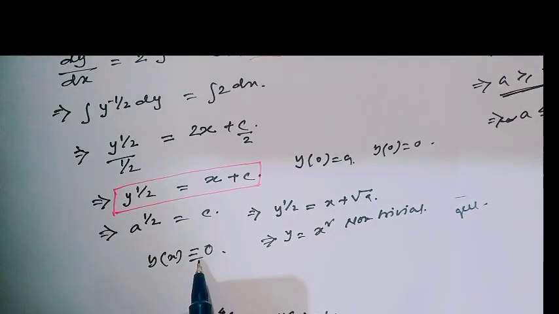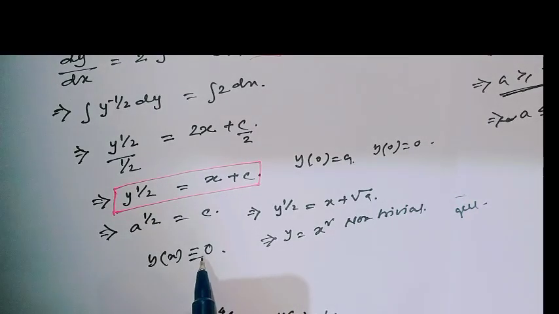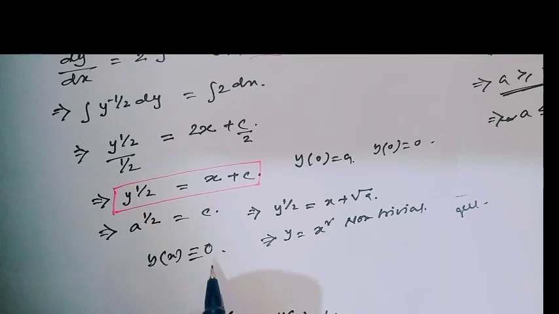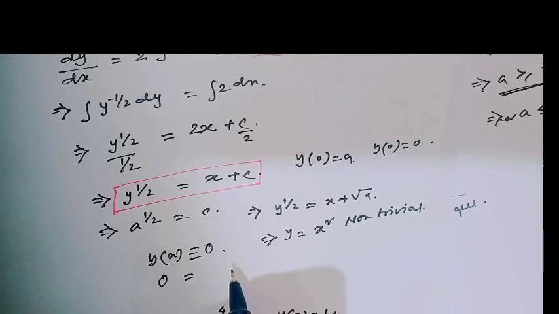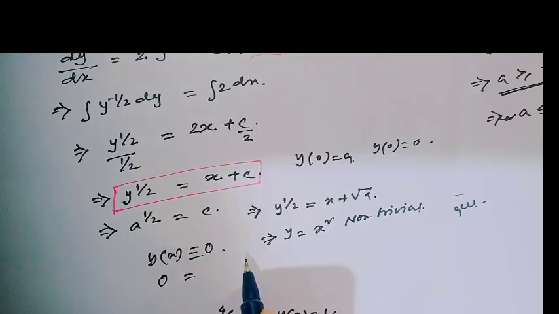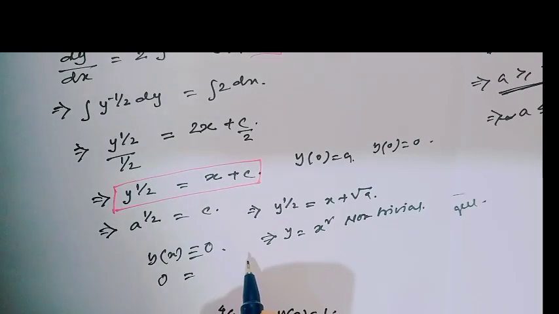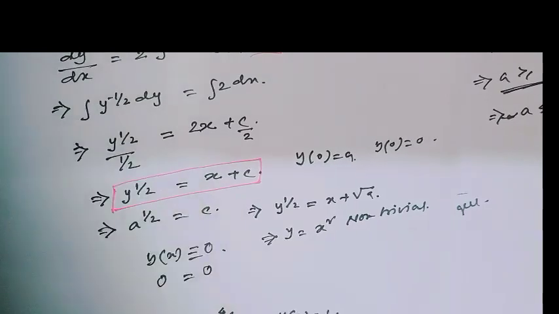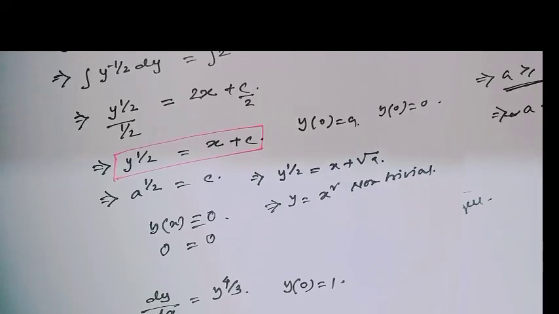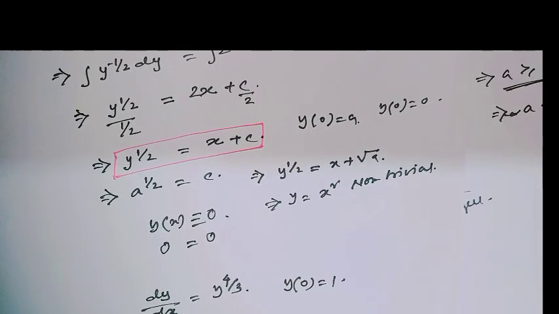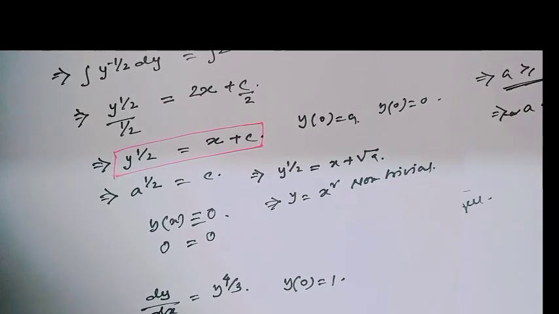Because dy/dx of 0 equal to 0, and 2 square root of y at the point 0 also has the value 0, so this satisfies the equation. So y(x) equal to 0 is also a solution of this differential equation.